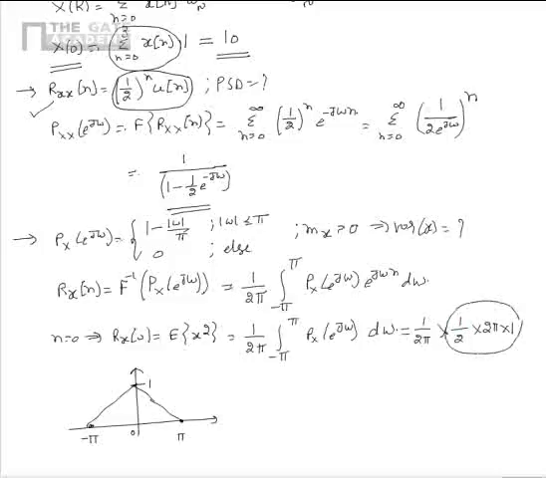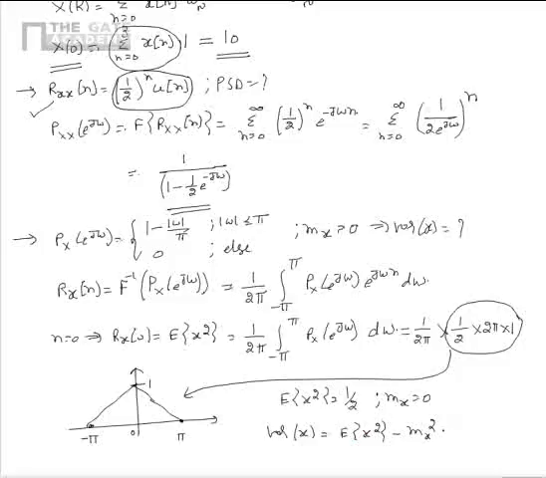This half multiplied by 2π into 1 is the area of the PSD with the ω axis. From this, we see that the expectation of x squared is equal to half, and mx is equal to 0. That is, the mean of the signal is 0. From this, the variance of the signal x can be written as the expectation of x squared minus mx squared, which is equal to half. So the variance of the signal with the given PSD and zero mean is half.